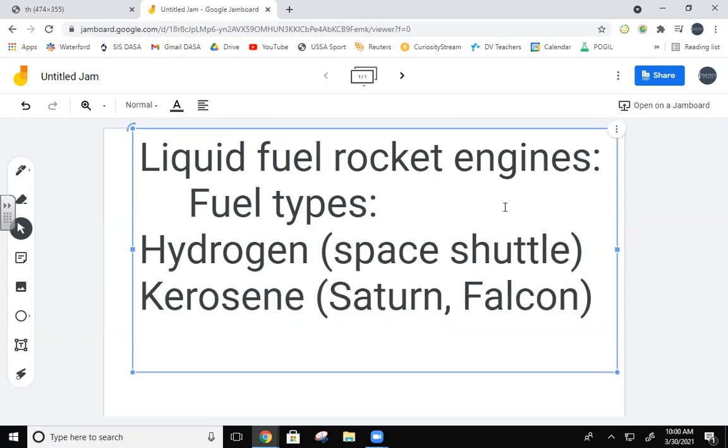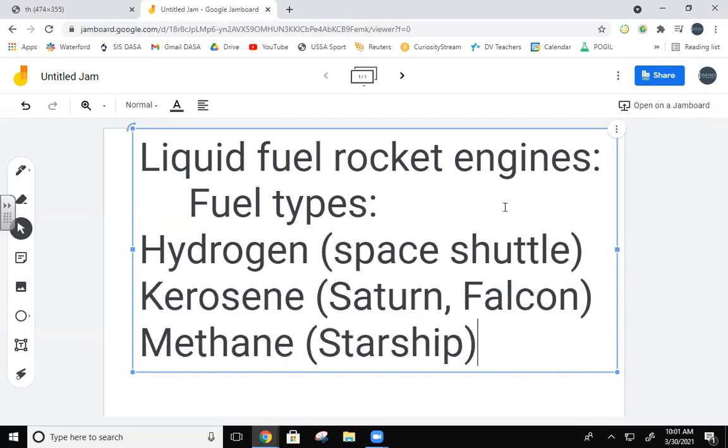You can also use methane. There has never been a functional operational launch vehicle that uses methane. The only methane liquid rocket engine to ever fire and actually fly something into the sky, not into space, but into the sky, is the Starship.